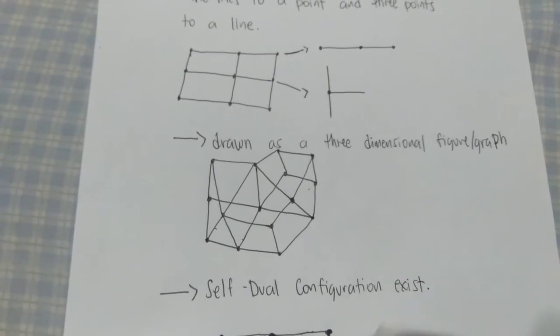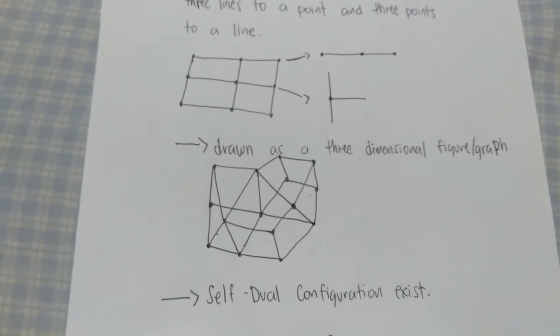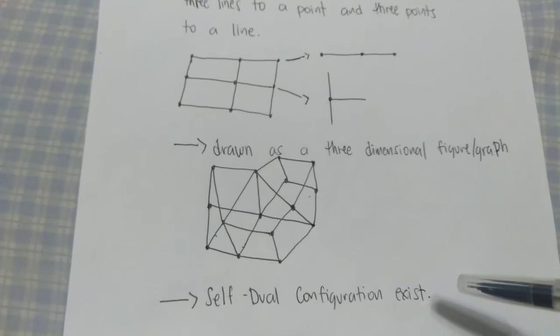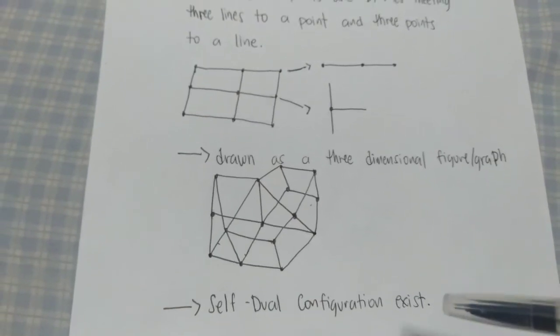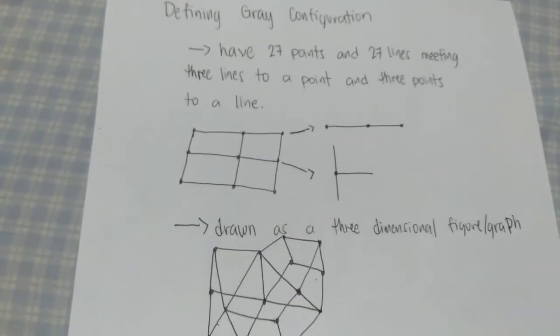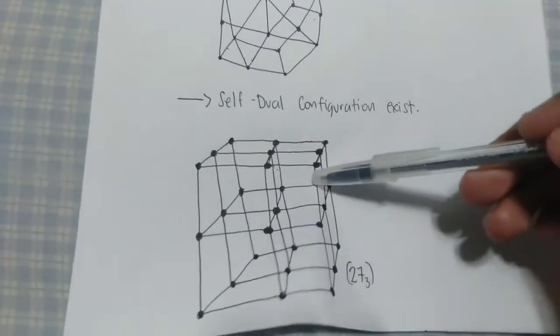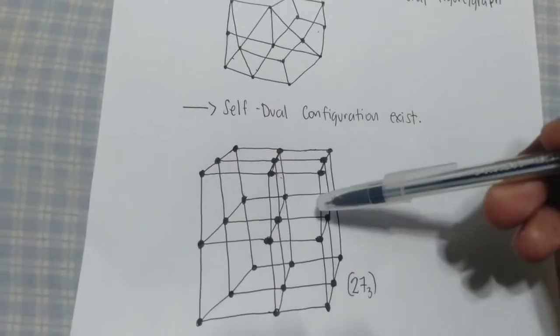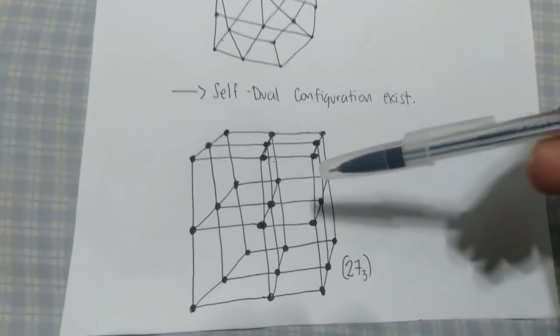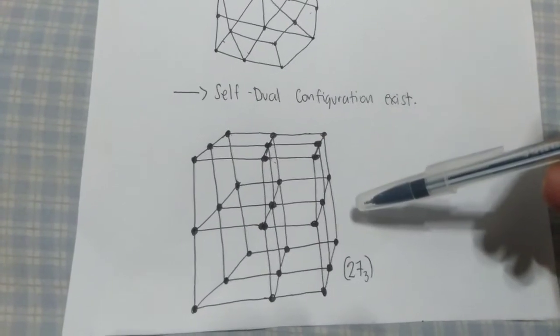So if there is no self-dual configuration, this must not be a Gray configuration. So this plane or 3D plane is a Gray configuration.